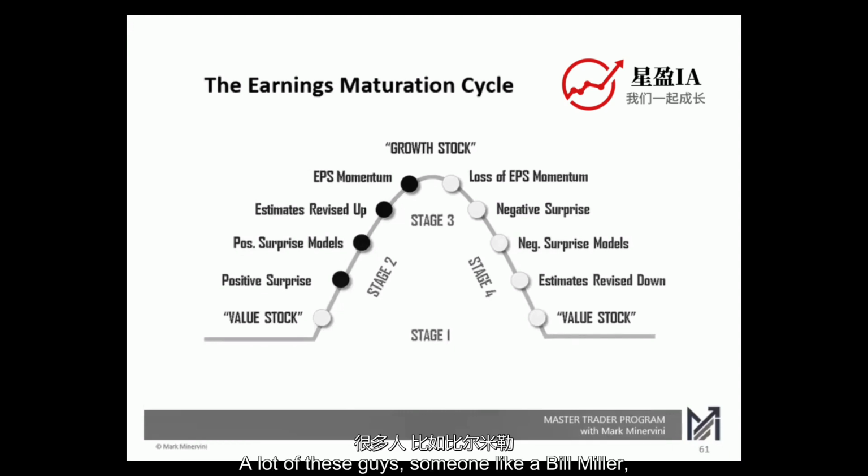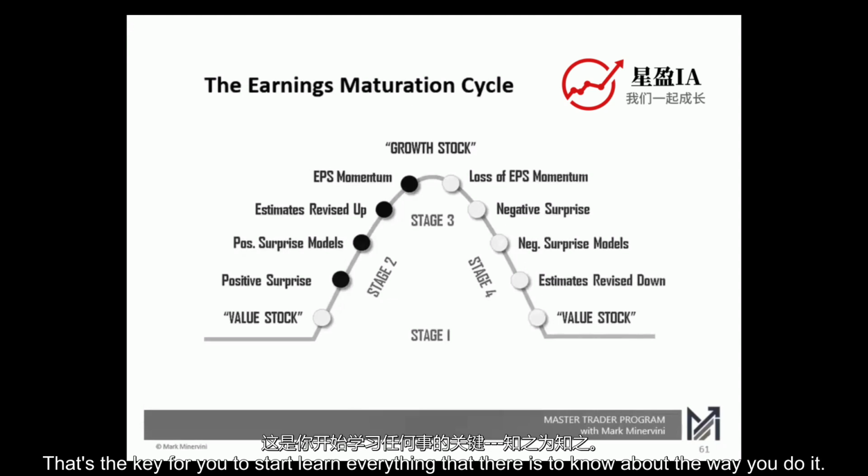And a lot of these guys, someone like a Bill Miller, might be selling a stock when the stock is in stage 2, might even be selling it in the early stages of stage 2. And you might be buying it at the time that they're selling it, but you can both make money. It's just a different style. Now, I don't know anything about value investing. That's not my forte, but I know everything about what I do, and that's the key: for you to learn everything there is to know about the way you do it.